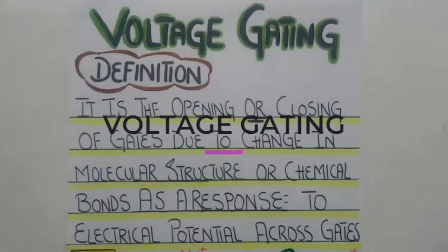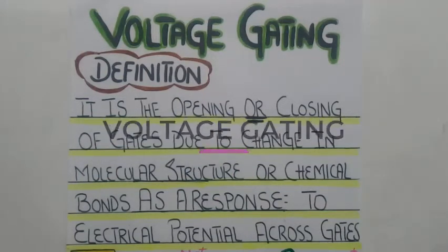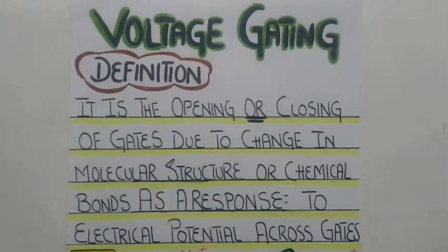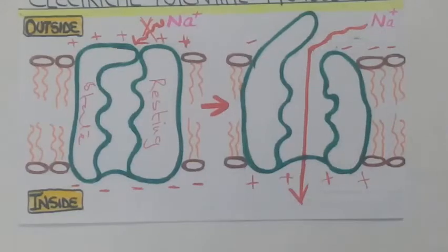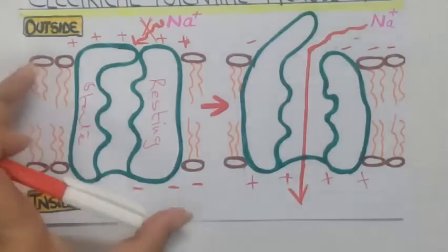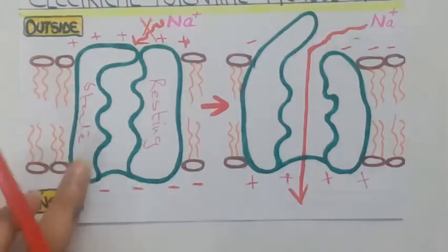Voltage gating is the opening or closing of gates due to change in the molecular structure or chemical bonds as a result of the electric potential difference across the gates or across the ion channel. For example, we have sodium channels. This diagram shows the sodium channel in resting state.